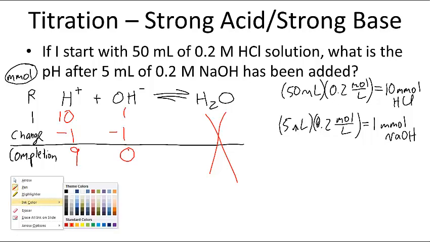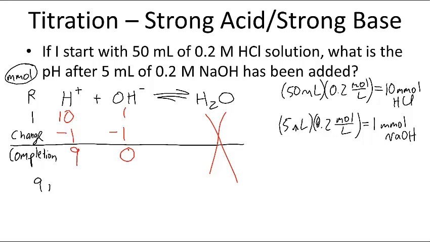How am I going to turn that into a concentration? So after this reaction, 9 millimoles of H plus, divided by, well, I want to divide by the volume, but what's the volume now? Oh. 55 milliliters, yeah.